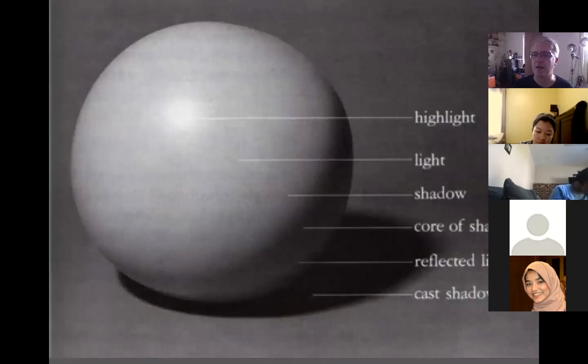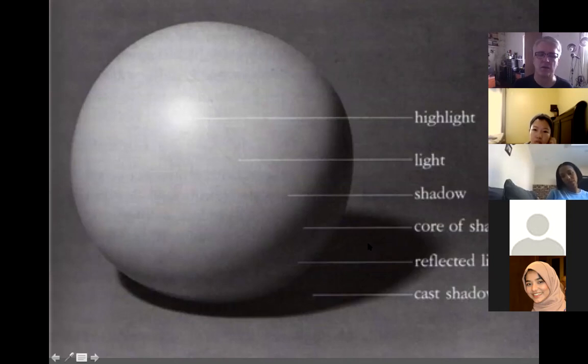We're going to be analyzing the forms we're looking at, and asking ourselves, on this form, where do these elements of light and shadow reveal themselves? And how can I use them to make as convincing a depiction of form as possible?